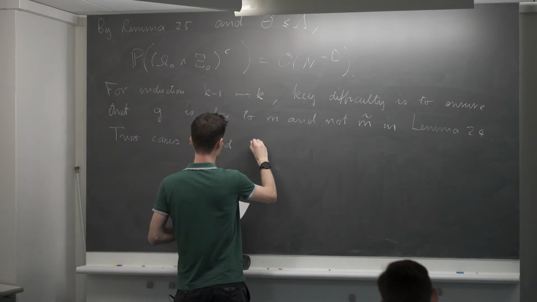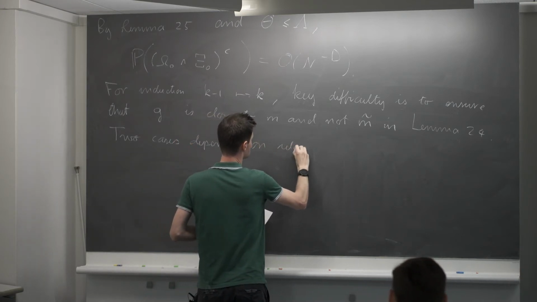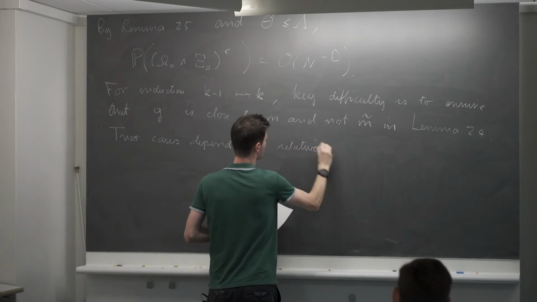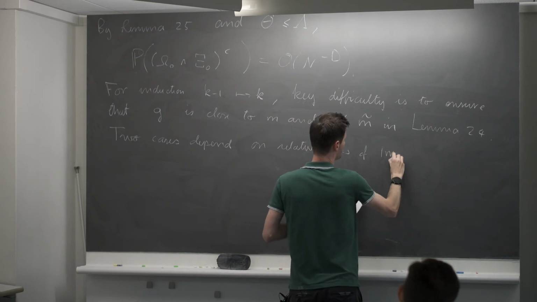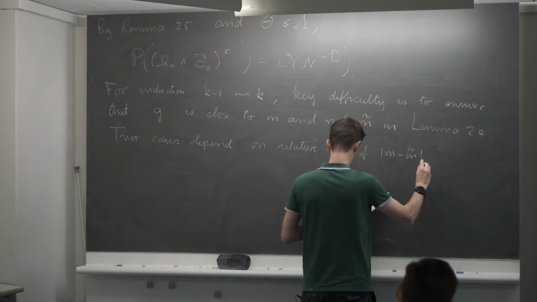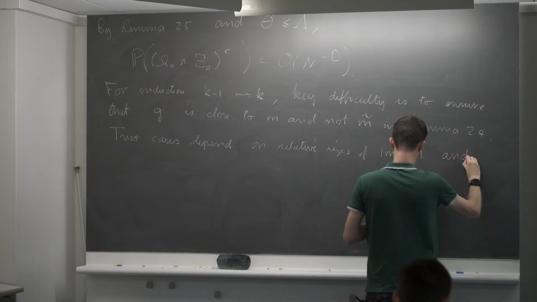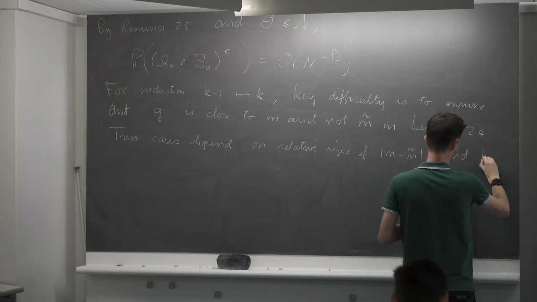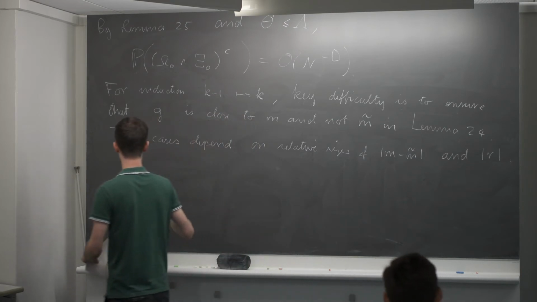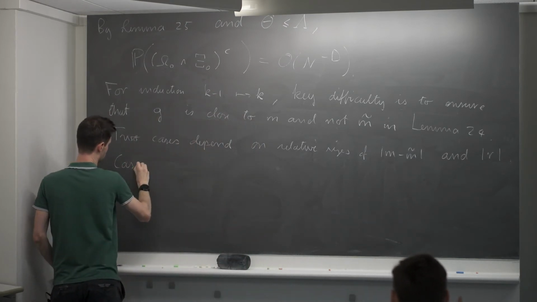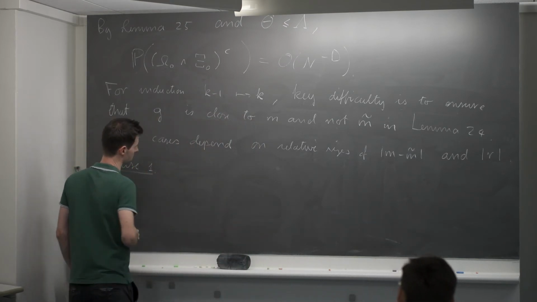So two cases depending on the relative sizes of m minus m tilde and r. So let me explain in words. We'll of course do this precisely, but let me explain in words.